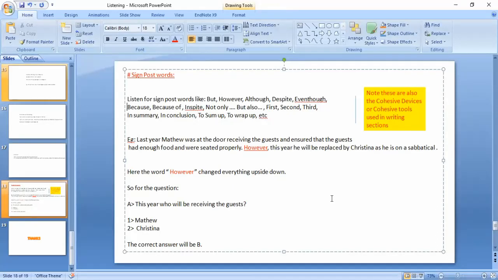The function of these signposts in reading or listening sections is to show you the direction of the conversation.